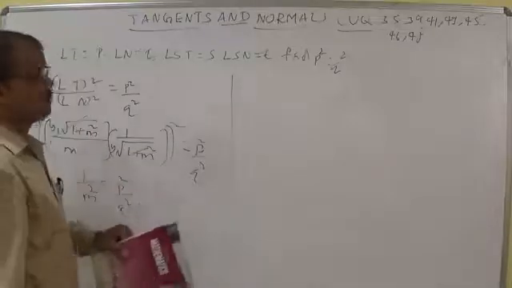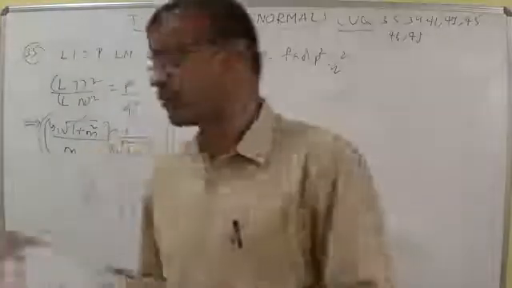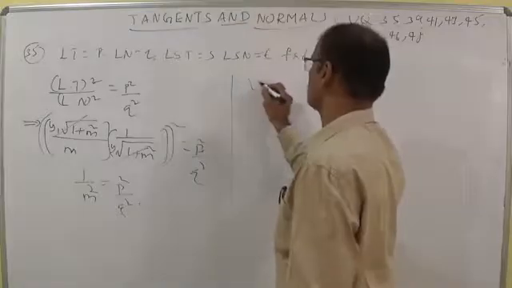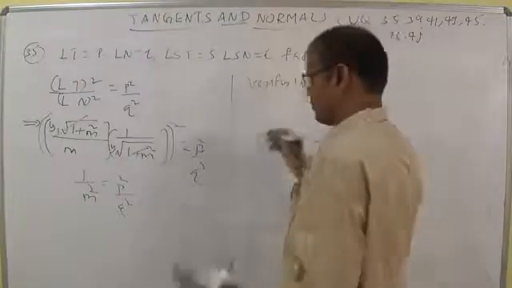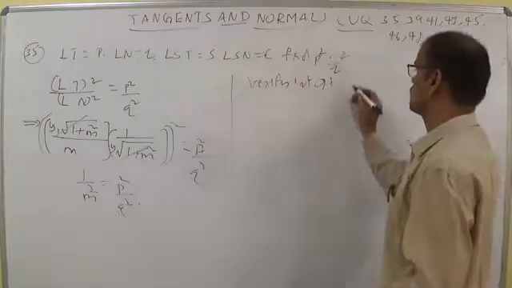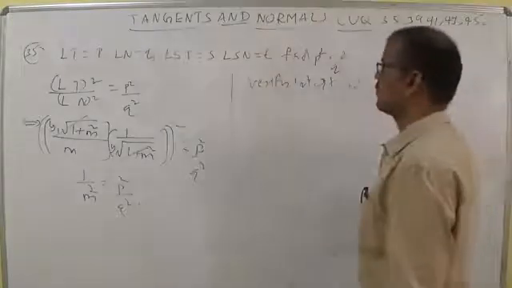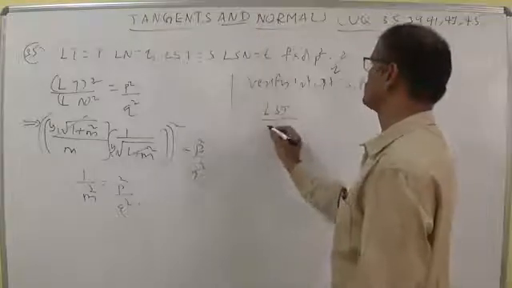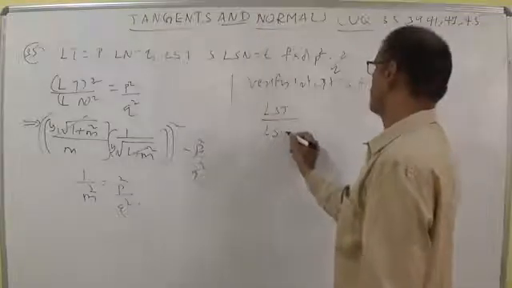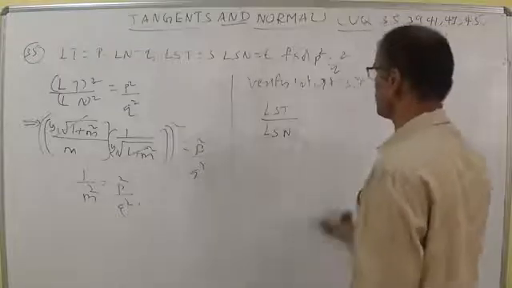Now P square by Q square, according to options, we can verify. Verify the first option, S is to T. What is S here? LST by LSN. LST means length of subtangent.